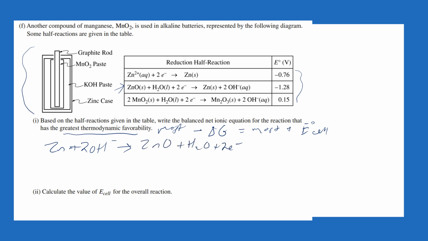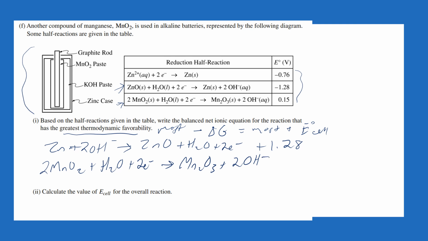When we flip it, it changes to positive 1.28. And I'm going to combine that with the final reaction here, the 2MnO2 plus water plus 2 electrons yields the Mn2O3 plus 2 hydroxides. And that one is 0.15.